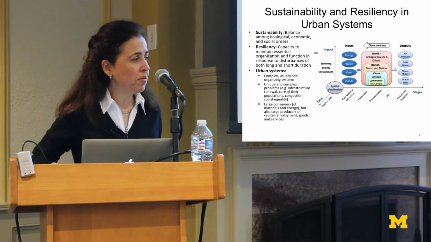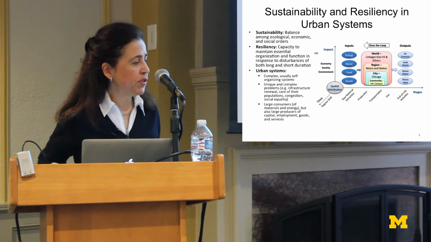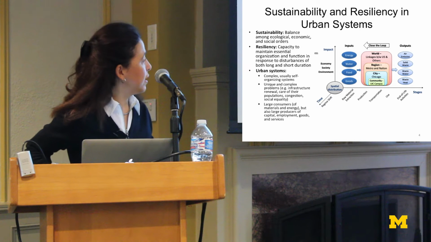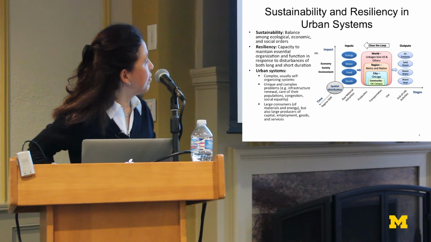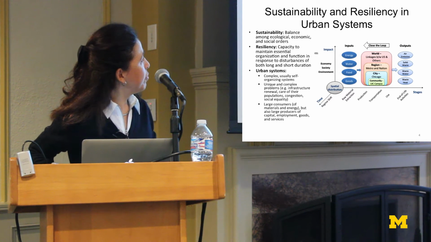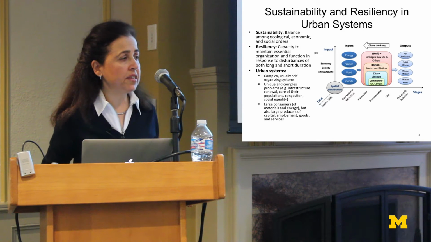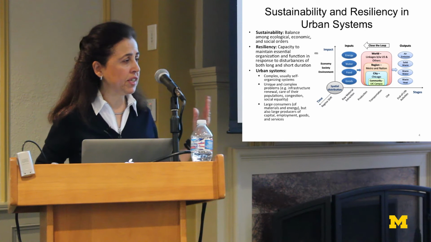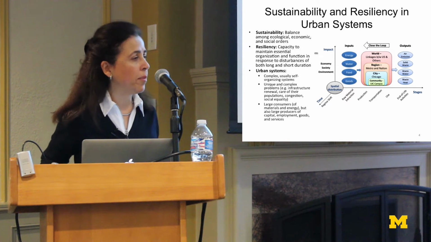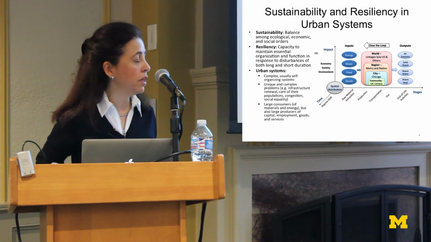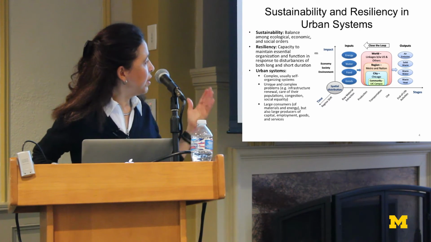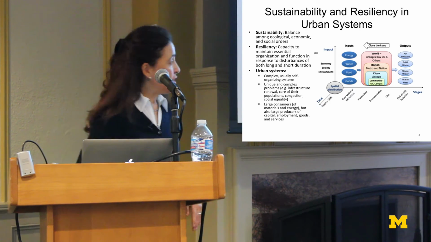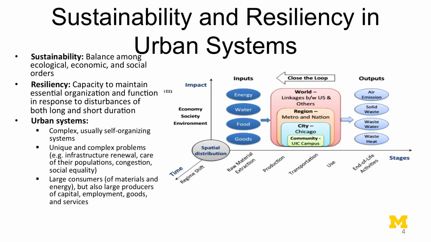You have seen a lot of this kind of diagram yesterday, but that's how our proposal went and how our grant is developing. We are looking at sustainability, resilience, looking at all the flows that go into this system, looking at it from an urban metabolism point of view, considering all the inputs, energy and water, food, goods, etc., looking at outputs and closing the loop.